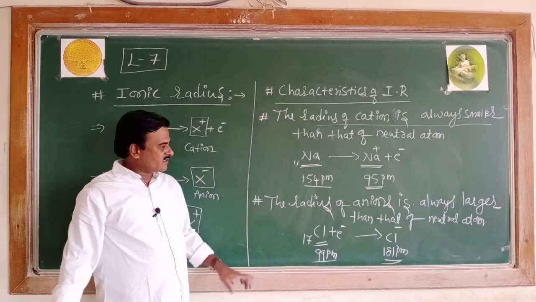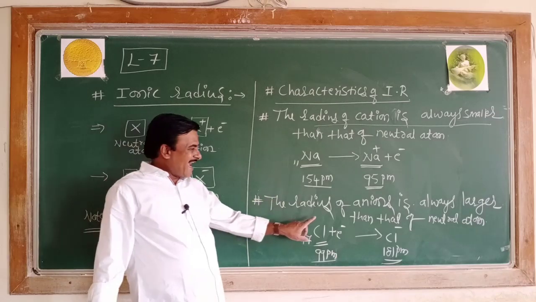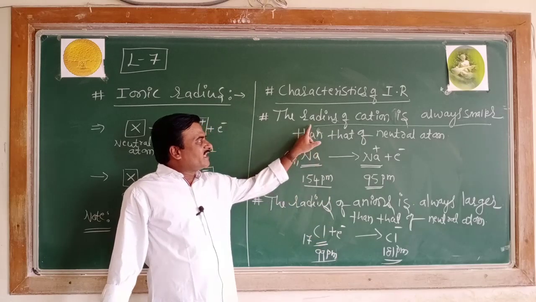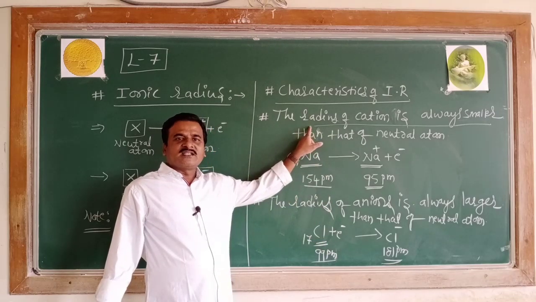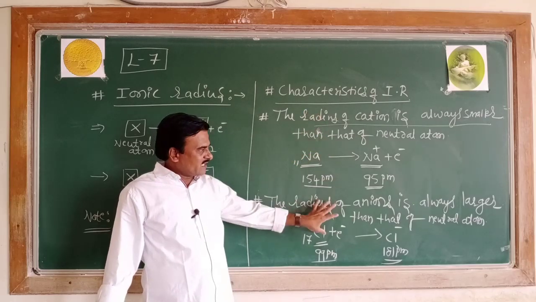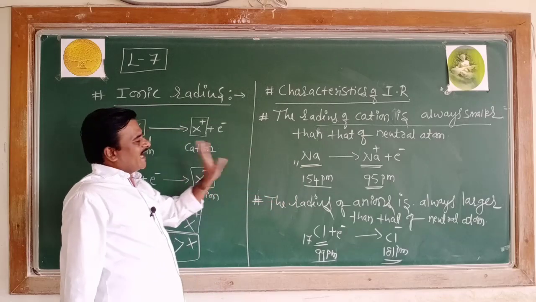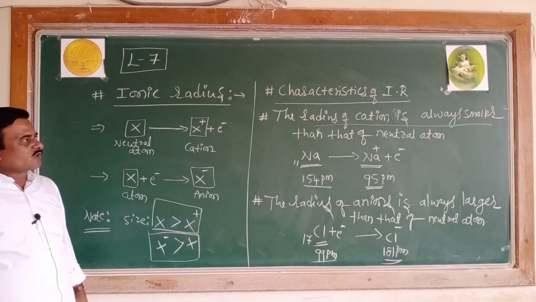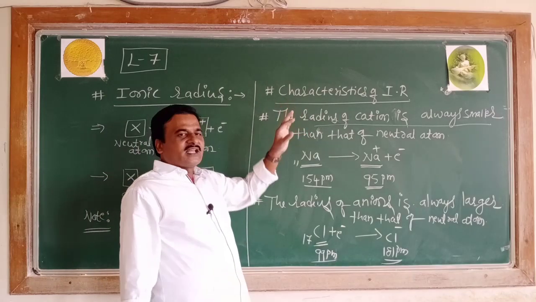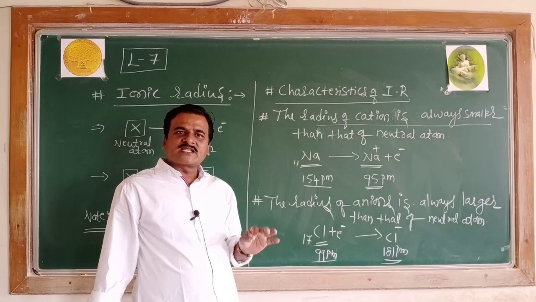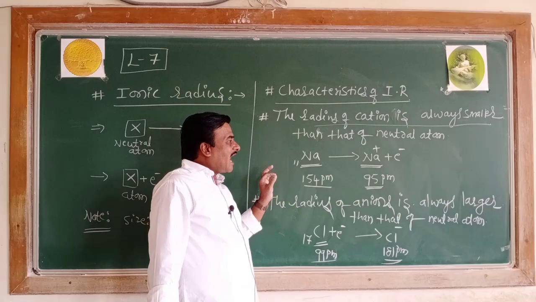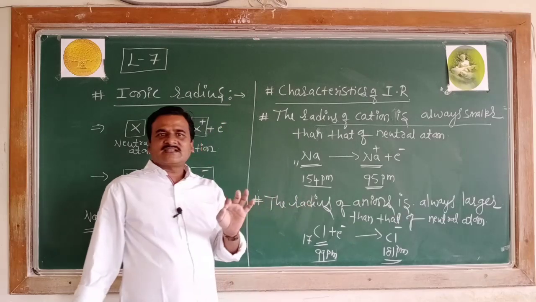Thus it clearly indicates the radius of anion is always larger than that of neutral atom, while the radius of cation is always smaller than that of its neutral atom. These are the two characteristics. So do remember these points. Radius of cation is always smaller than that of the atom, and the radius of anion is always larger than that of the atom.